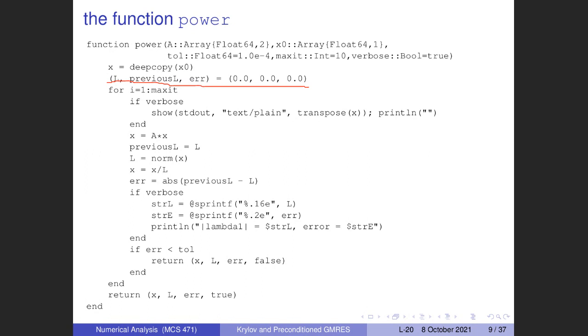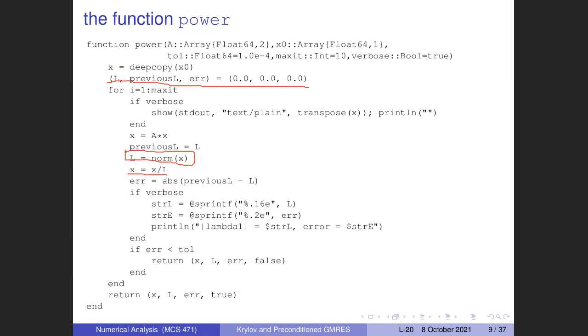And what is new here, or actually we introduced it when we were computing the spectral radius with the norm of the dominant eigenvector, is that we do the norm of x. Each time we compute the norm of x and we renormalize.